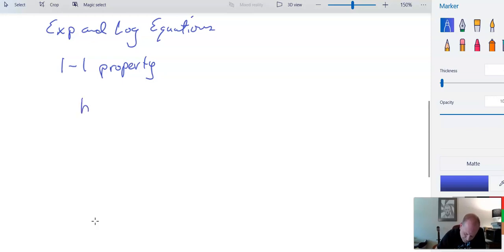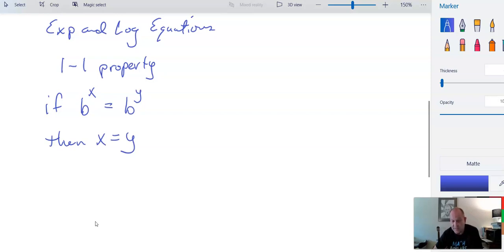If I have some base raised to some power, and it's equal to another quantity that has the same base, so the bases are the same, but the exponents may or may not be the same, the conclusion is that if these bases are equal, then the exponents also have to be equal. So we get that x is equal to y. We can just set the exponents equal to each other.